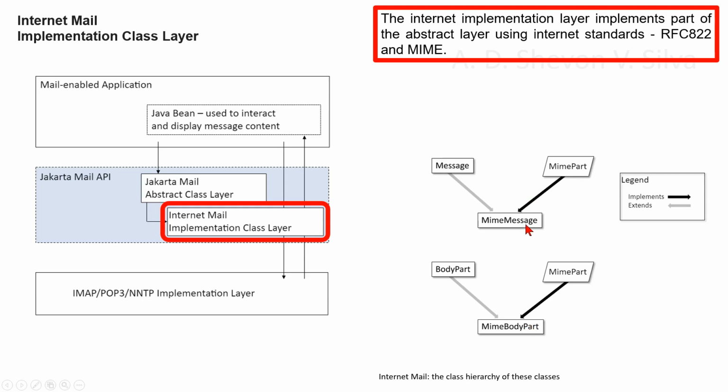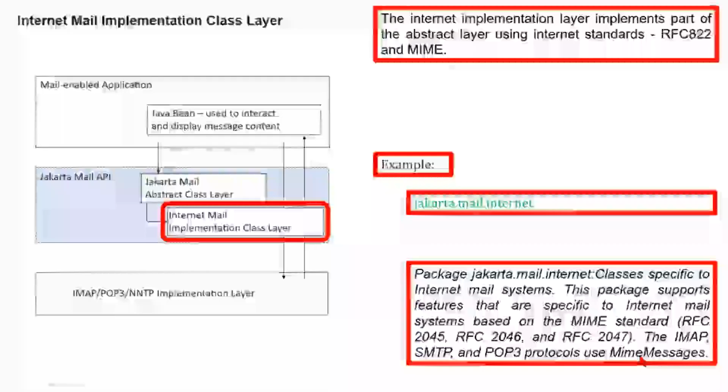Here the MimeMessage implements MimePart. Here the MimeBodyPart implements MimePart. MimeMessage extends Message. MimeBodyPart extends BodyPart. As an example, we can consider this package jakarta.mail.internet, classes specific to internet mail systems.